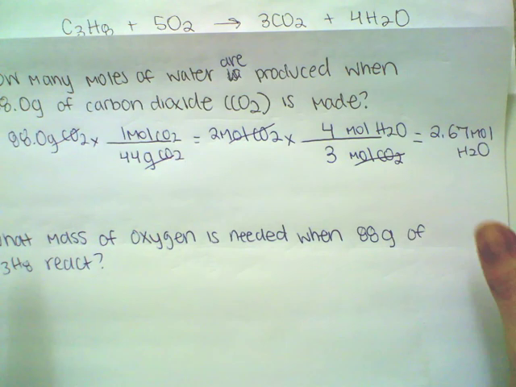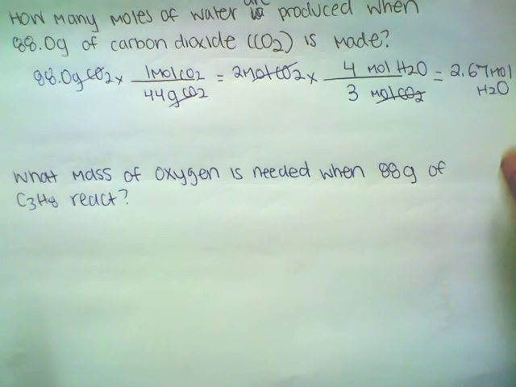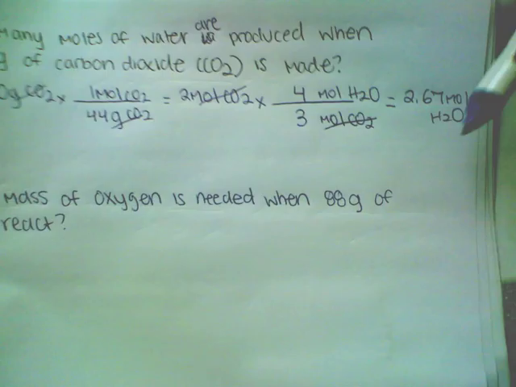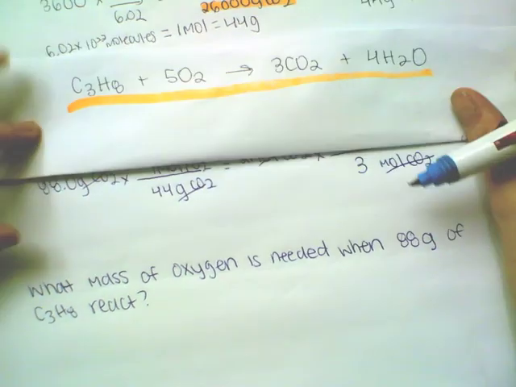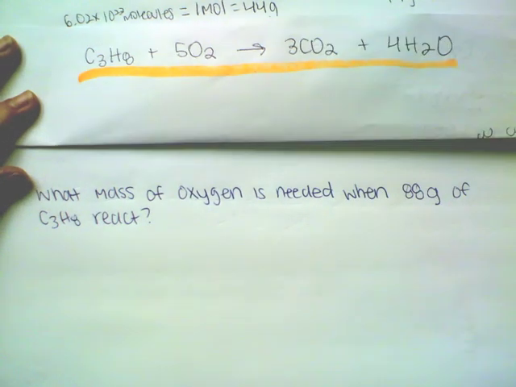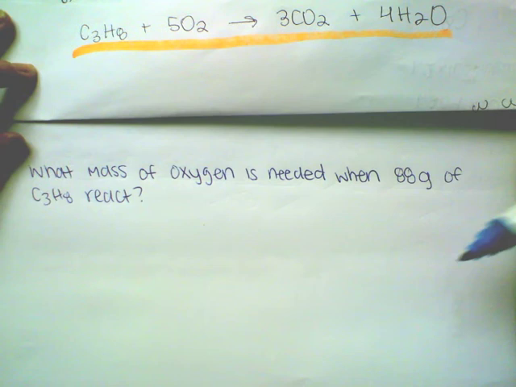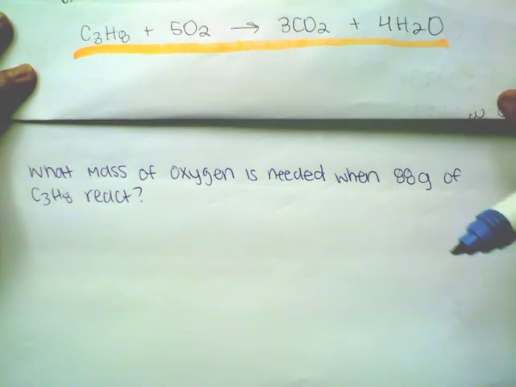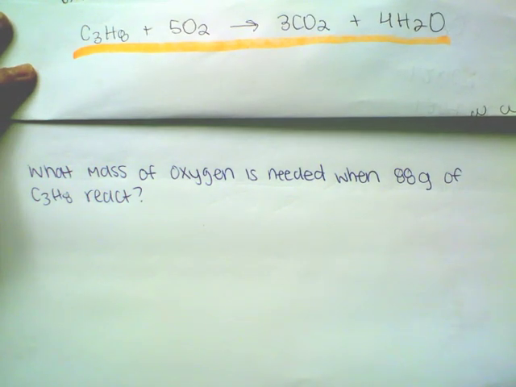Okay, let's do one more example with this same chemical equation. Alright, so I did an example like this in the previous video, but this tends to be the one that students have the most difficulty with, so I wanted to do another example.